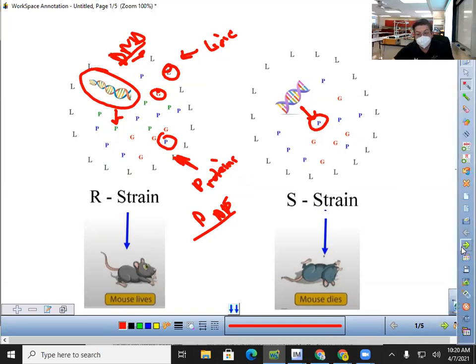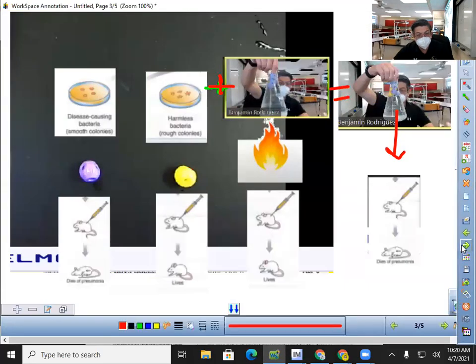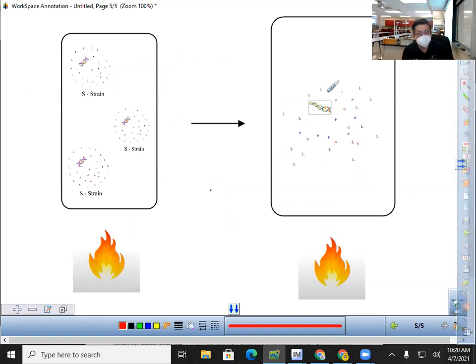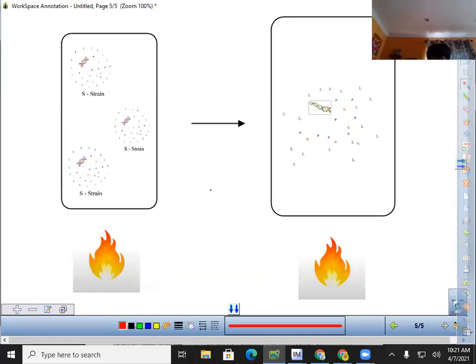And so what you guys have to imagine is that when this bacteria got heated, when the S strain got heated, look what happened to the cell. What happened to the cells? They spread apart. Yeah, the cell basically broke. Like, it literally disintegrated.